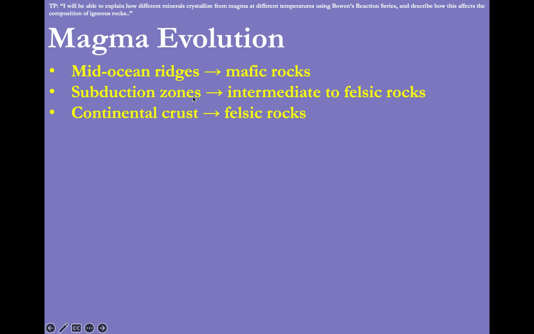At subduction zones, we have more of the intermediate rocks. The intermediate rocks are going to be your andesites and your diorites. Then the felsic rocks, which are the lightest colored rocks. Your continental crust is going to be your felsic rocks, your lightest color rocks. That's going to be granites and rhyolites.